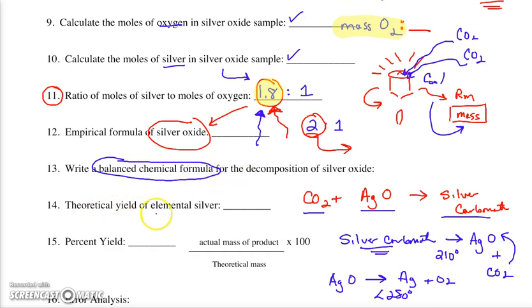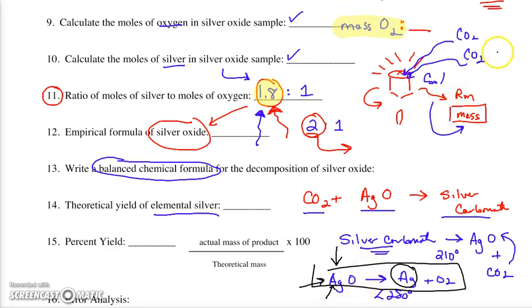All right, the theoretical yield of elemental silver. Knowing your balanced formula, and let's just pretend that this is sort of it, and using the correct stoichiometric coefficients when you balance, tell me exactly how much silver we're supposed to make based upon how much silver oxide we have. Of course, we're assuming it was pure silver oxide, which is tough because it loves CO2.